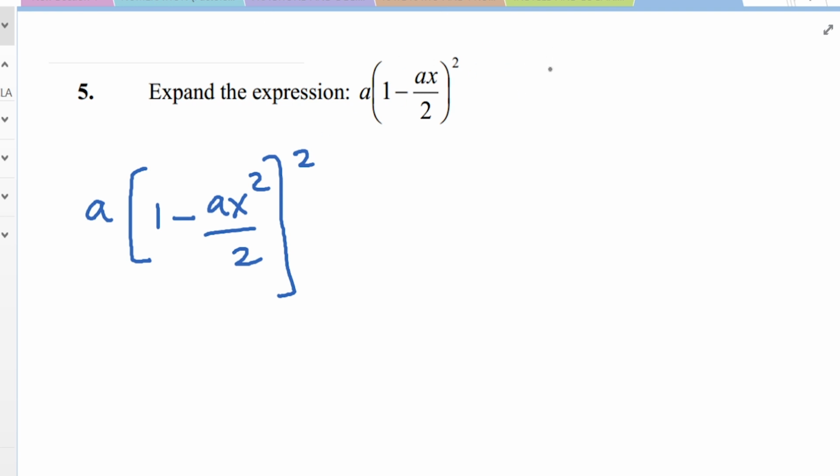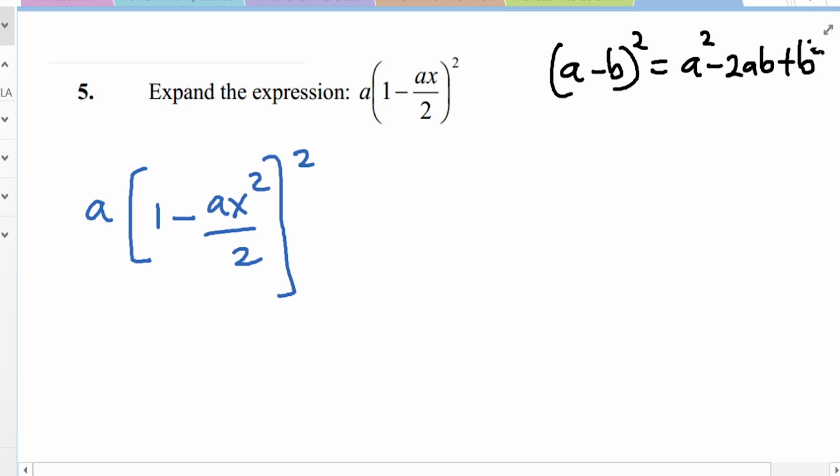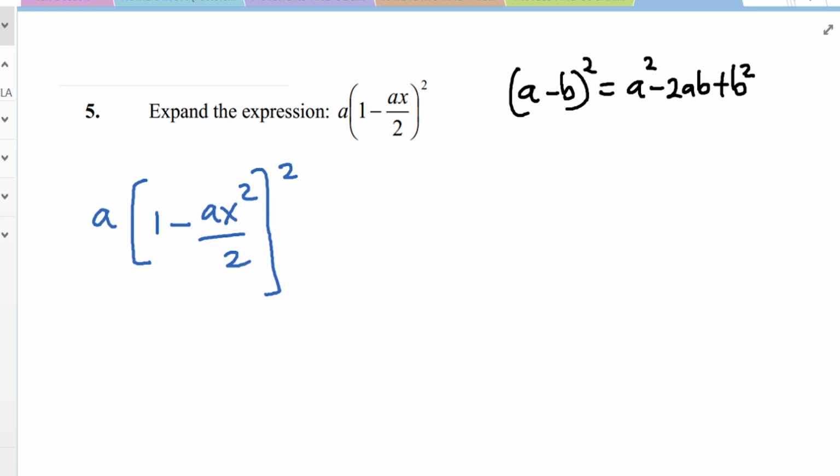There's an identity that a minus b squared is given by a squared minus 2ab plus b squared. We are all familiar with that identity. It is supposed to have been introduced to you. So that's what we are going to use here.